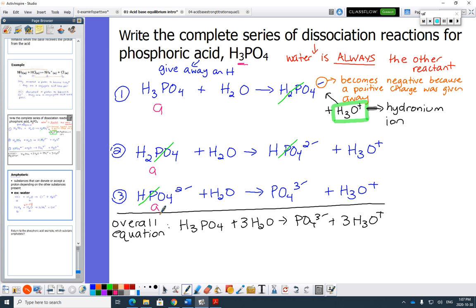But in order to show both, it needs to appear twice. So we're looking at the substances that appear twice, okay? Technically, in this case, water is not amphoteric. It's a base every time.